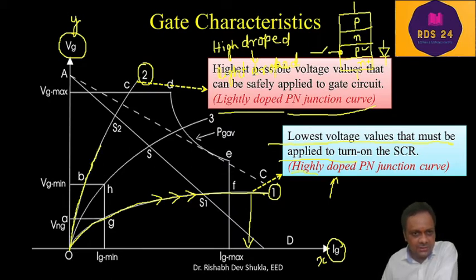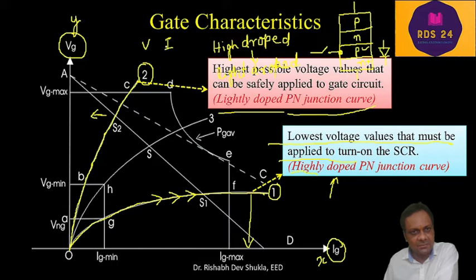then drawn towards the y-axis, because a lot of voltage is required to change the current. That means we require a larger voltage to break the junction, so we apply a large voltage to change the current.